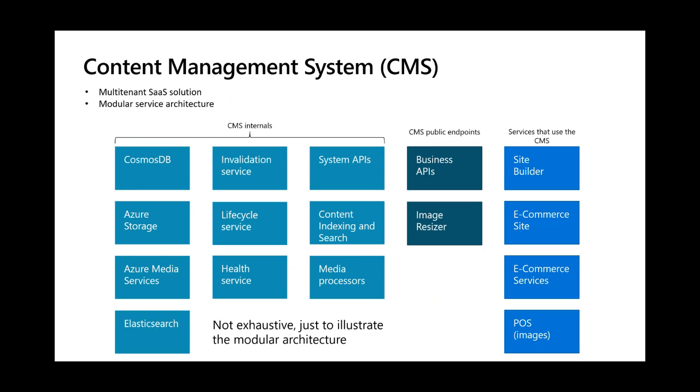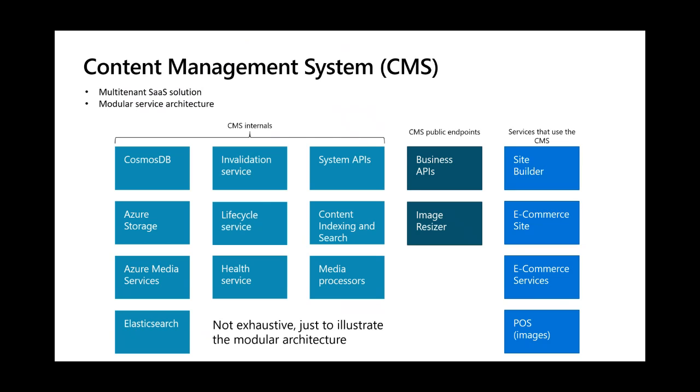And media processors perform post-ingestion operations like metadata population, image dimensions, to mention an example. Automatic image asset tagging based on image analysis is something we have ready and will be releasing fairly soon. Overall, CMS consists of 20 plus internal services that take care of various tasks like content invalidation when new version is published or content is unpublished. There's health service, which monitors the health of the system and provides that information to the other services depending on the CMS in the product.